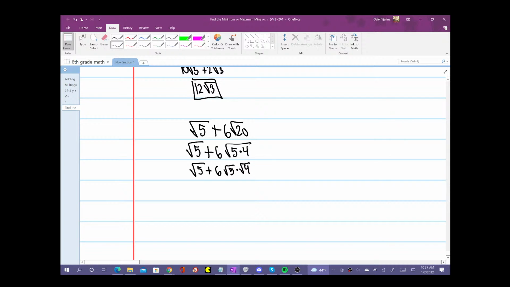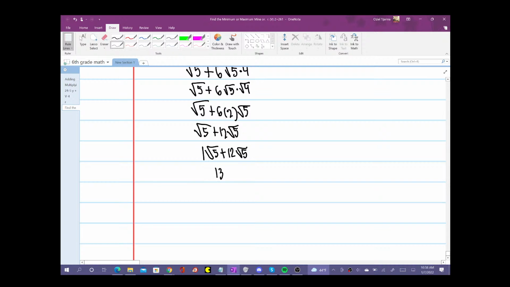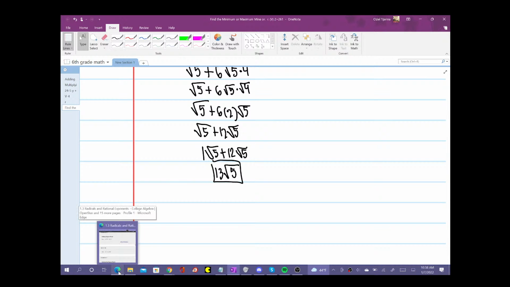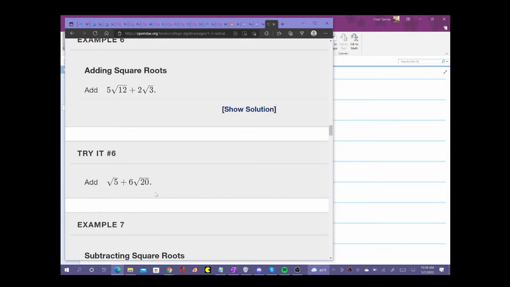I divided it by 4, so 5 times 4. The square root of 4 is 2, and then we have the square root of 5. So this becomes the square root of 5 plus 12 square root 5. This is 1 square root 5 plus 12 square root 5. They both have a square root of 5, so this becomes 13 square root of 5.